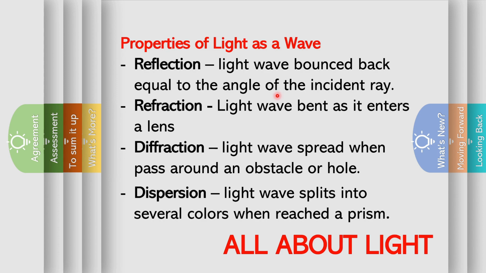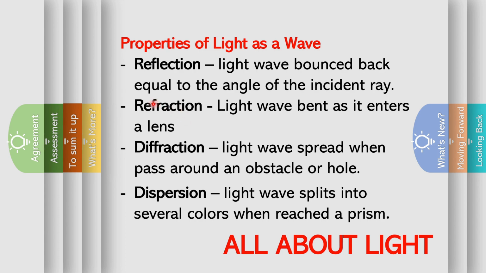What happened is, tatama sa inyo yung light, and then, the light will bounce back from the mirror, papunta sa inyo mga mata. Okay? So that's one property of light. Light can have a reflection.